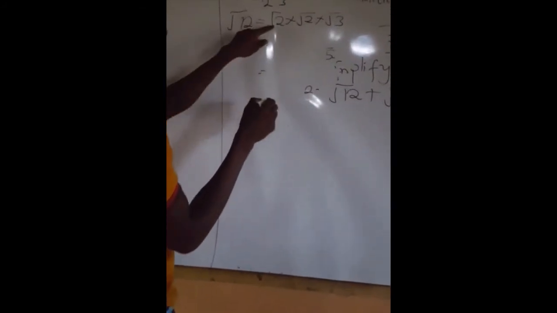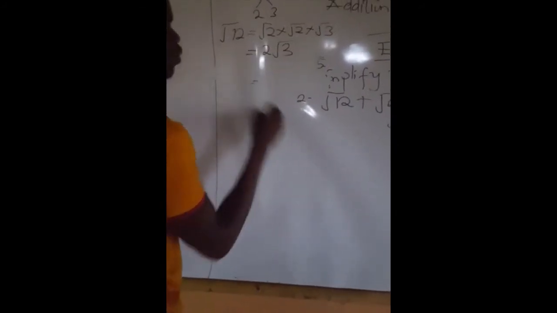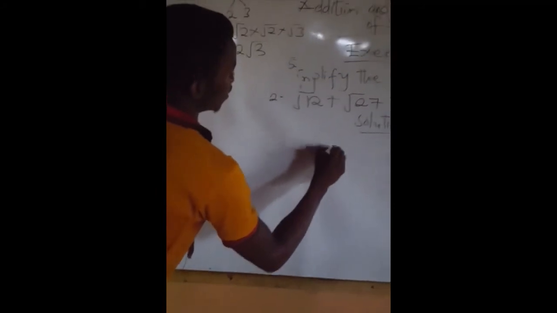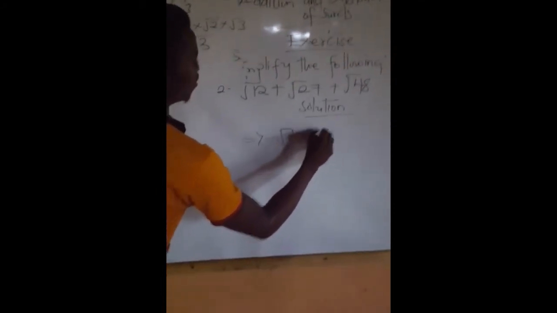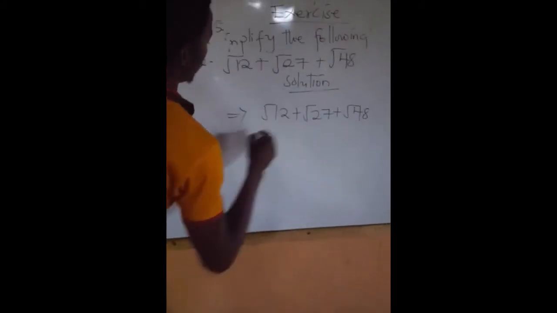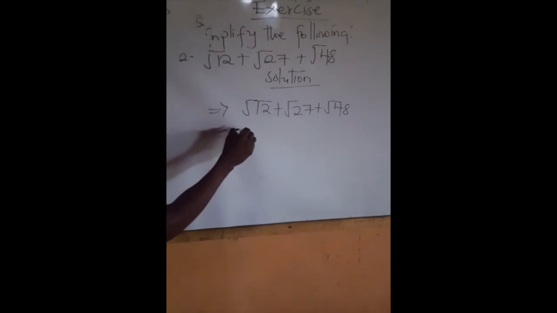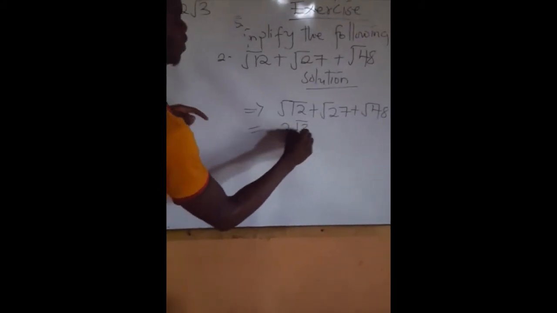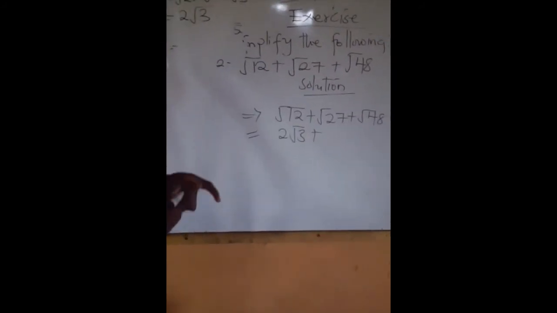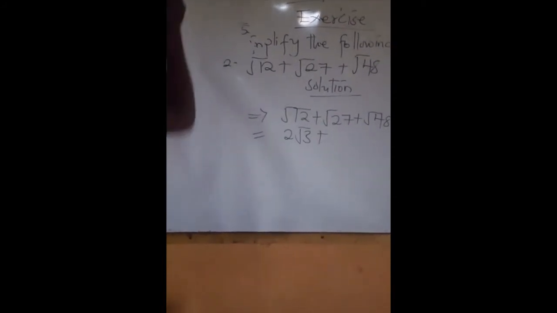By the first law, root 2 times root 2 gives 2 root 3. So this means when root 12 is broken down, we are going to have 2 root 3. Now let's break root 27 now. So root 27.